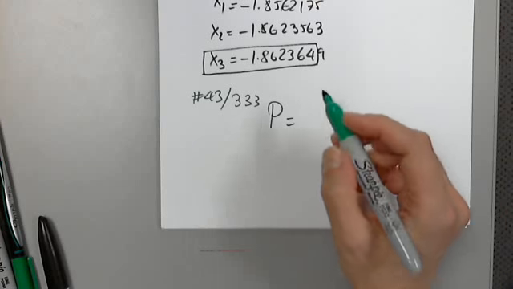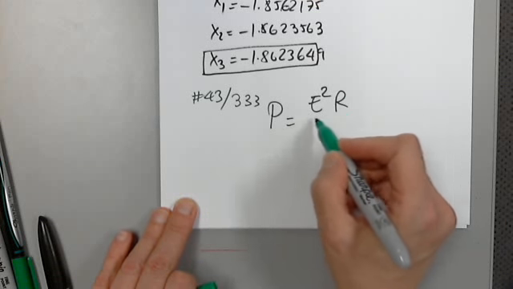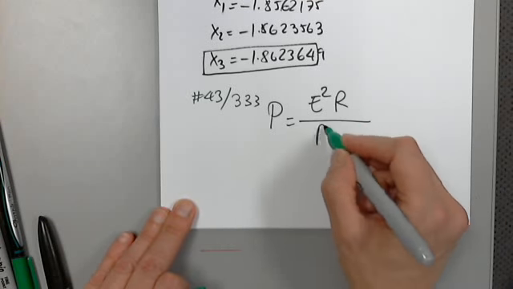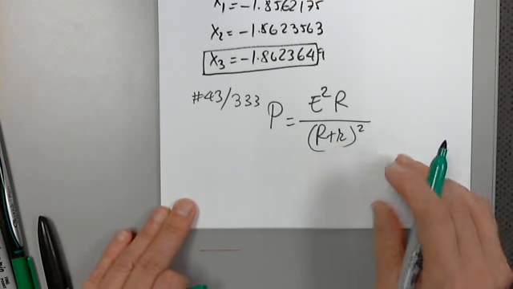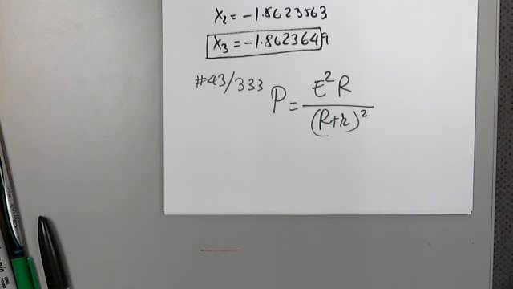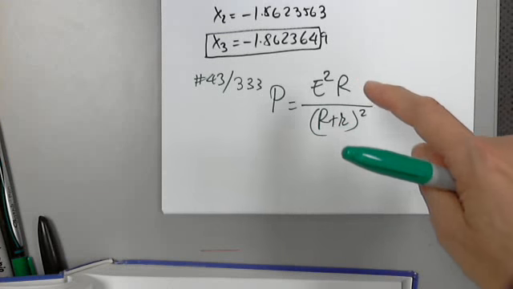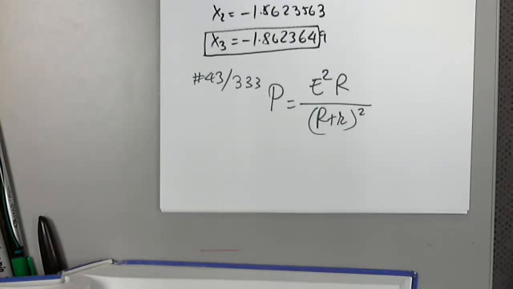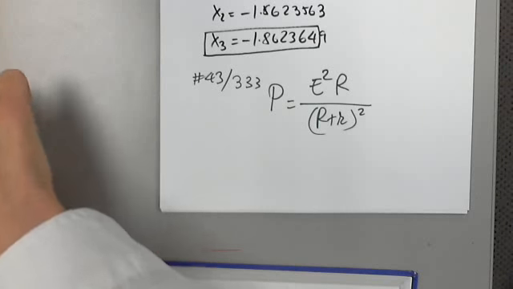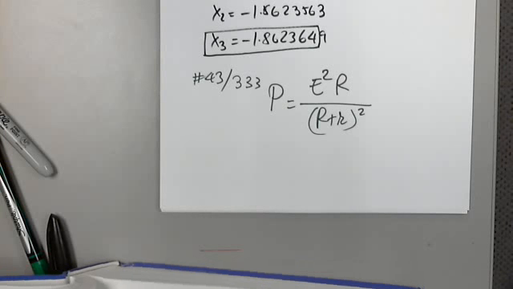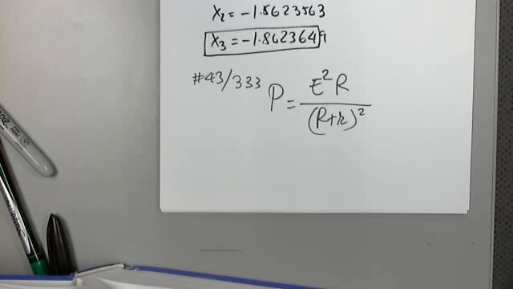P equals E squared R divided by (R plus r) squared. I see 4 different variables. They have to tell us something now. Uppercase R and lowercase r are not the same.